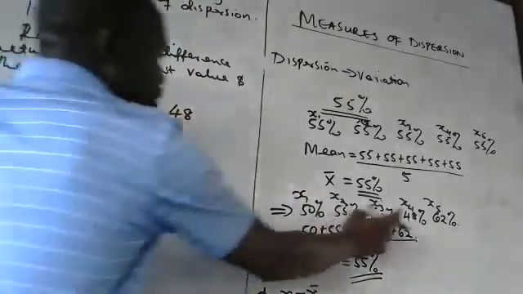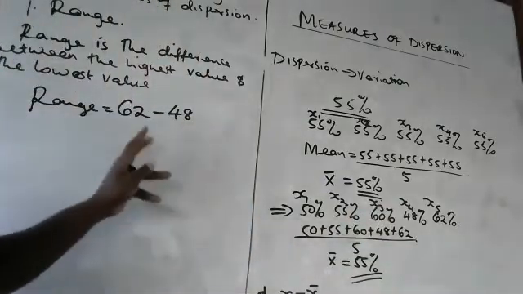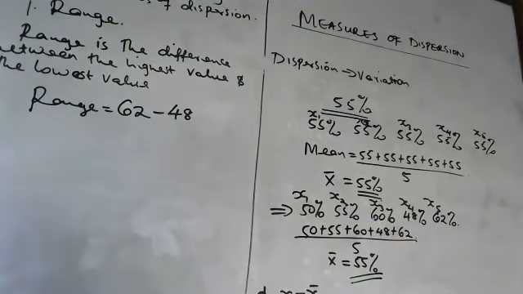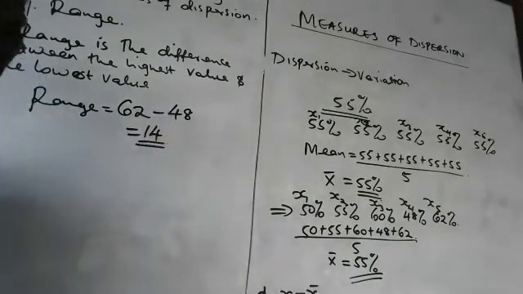So these values, in simple terms, range from 48 to 62. And what is the answer? You find that the range is actually 14.